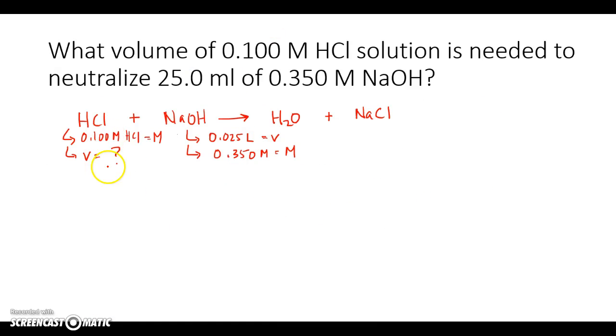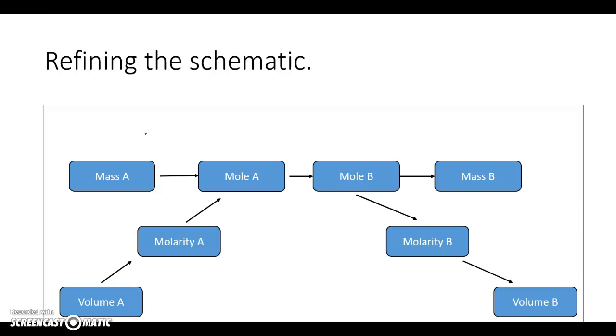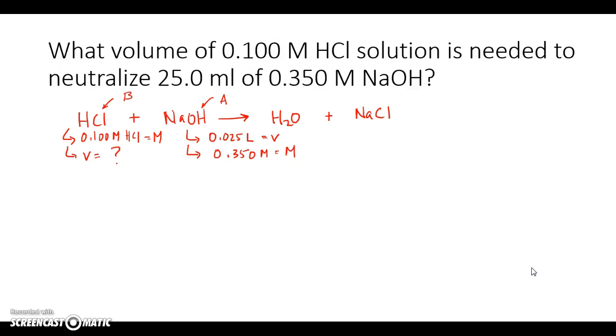And just as a reminder, this is A and this is B. Looks like we have volume and molarity, and we're looking for volume of B. So in that case, we have our volume of A. We'll use the molarity of A to get to mole A to mole B, then use the molarity of B to get to the volume of B.